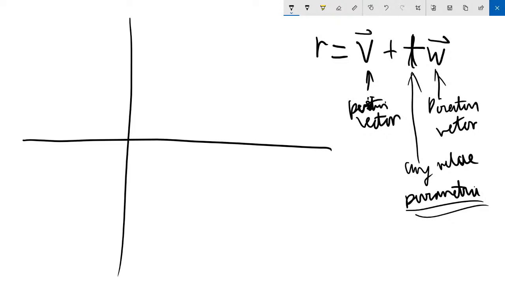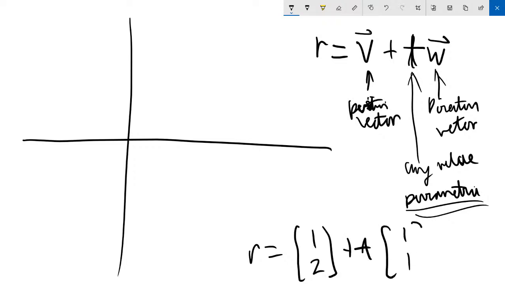So let's think about it. In 2 dimensions, this is super simple to think about. Let's look at the vector: r is equal to 1, 2 plus t times 1, 1. What we would do is look at the point 1, 2. So let me actually draw this correctly.